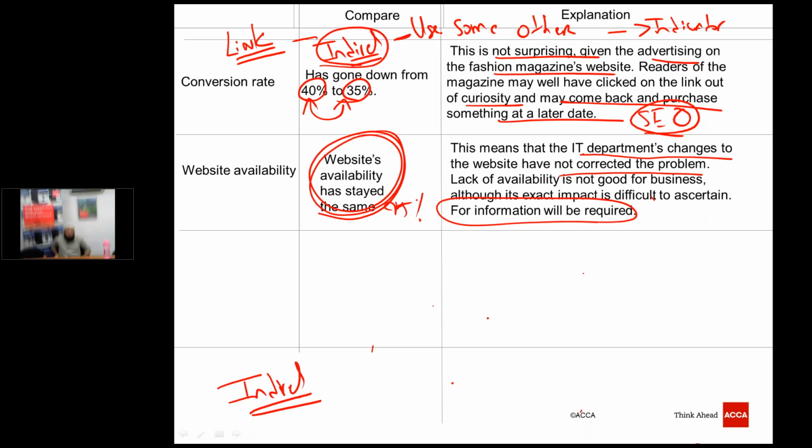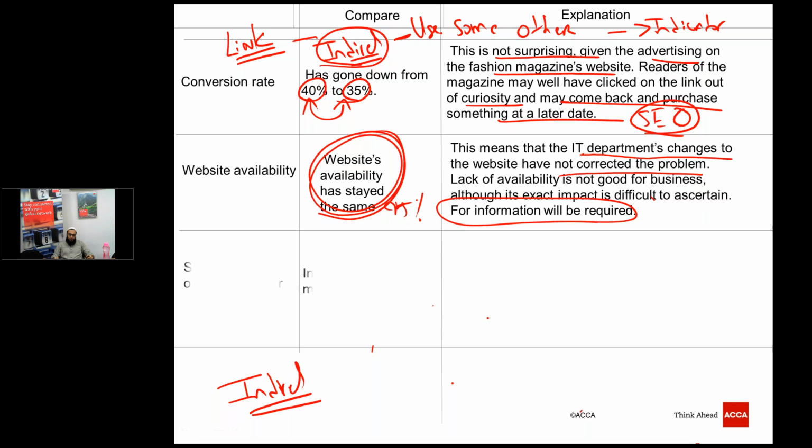So guys, you are allowed to write about further information. The examiner gave you the chance to tell about further information. So use this, but not in every case, and this requires further information because nothing has changed.